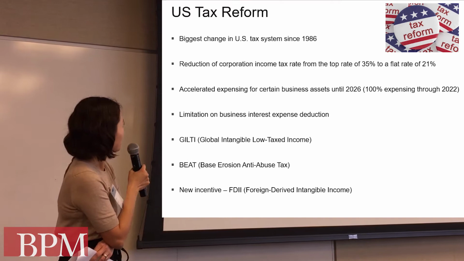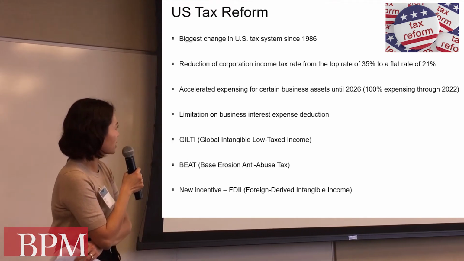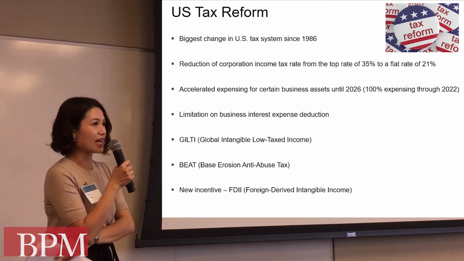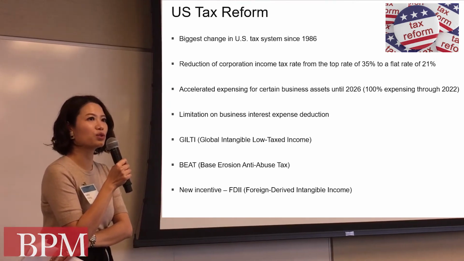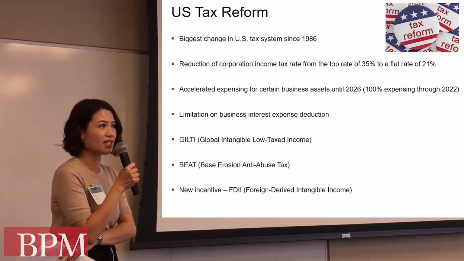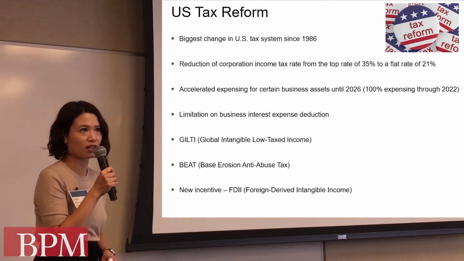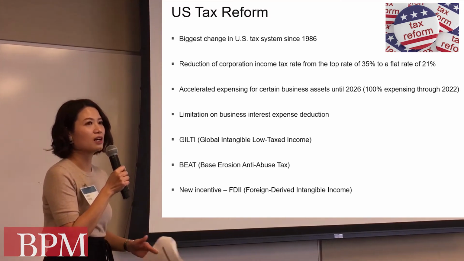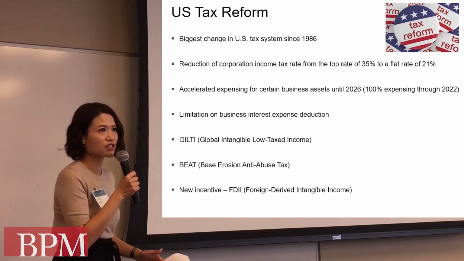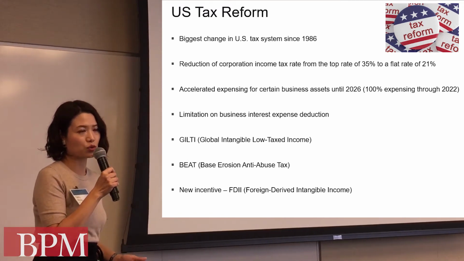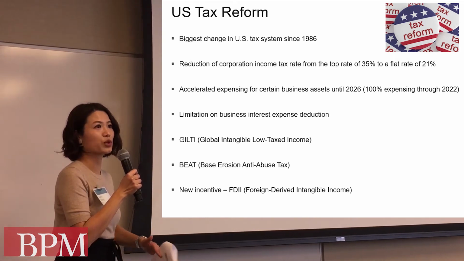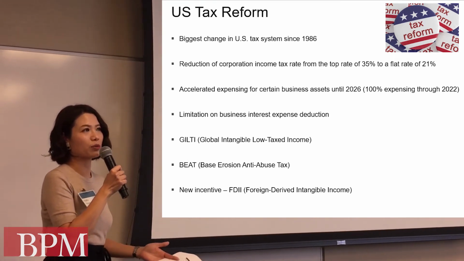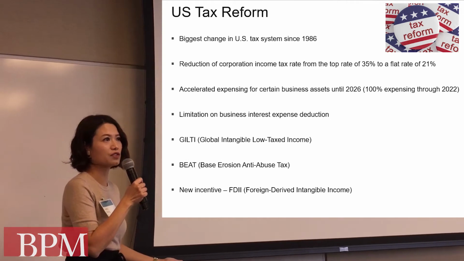Also, accelerated expensing for certain business assets until 2026. This relates to purchases of fixed assets that you use for business, like equipment, furniture, machinery that you need to purchase in the US. Usually, with depreciation, you recover the cost over a period of time, like 5, 7, 15 years.